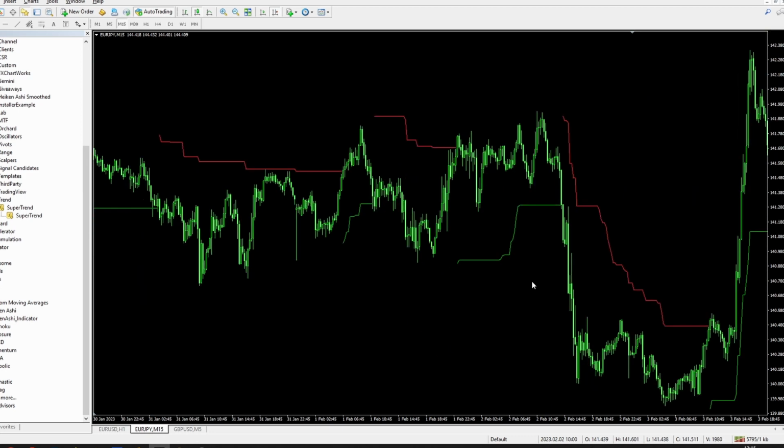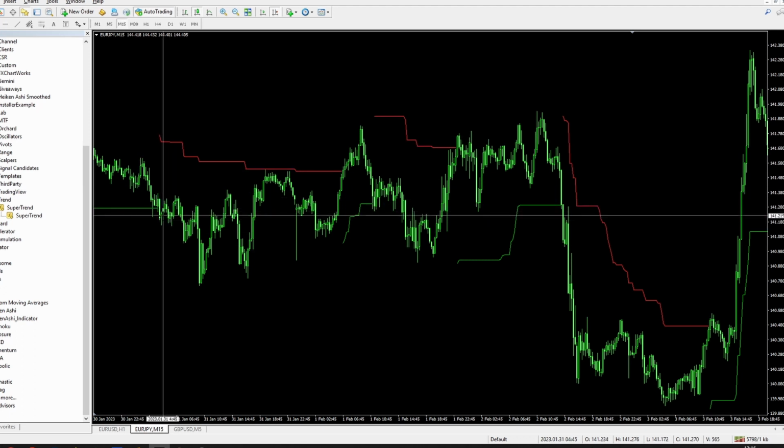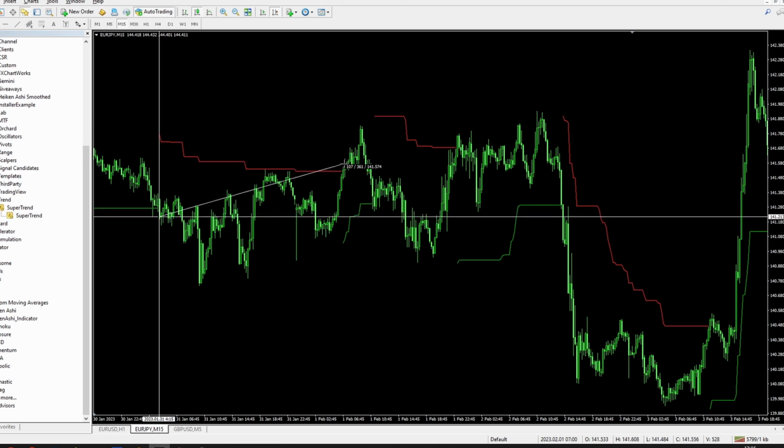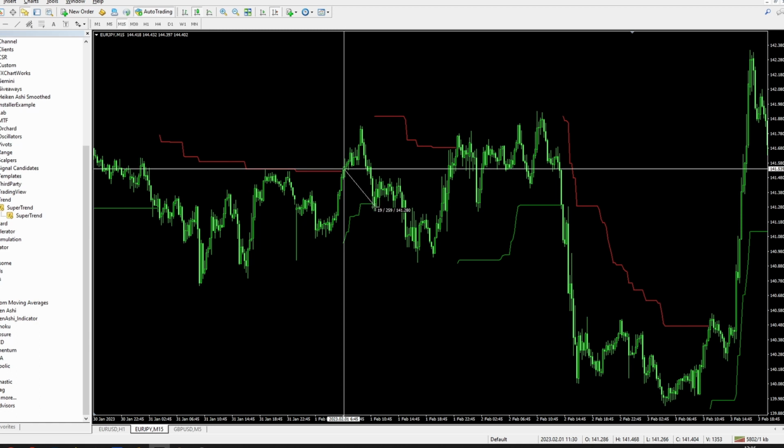But if we look at, and I've only scrolled just a little way back here, here's a section where I've got a downtrend that begins here according to the indicator and ends here, a loss of 32 pips. Okay, that uptrend begins here and ends here, a loss of 25 pips.